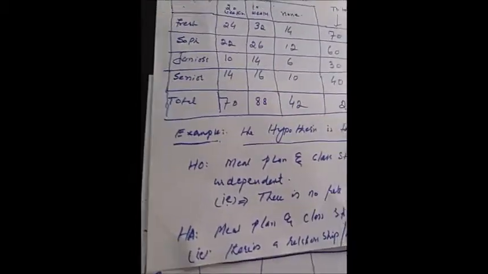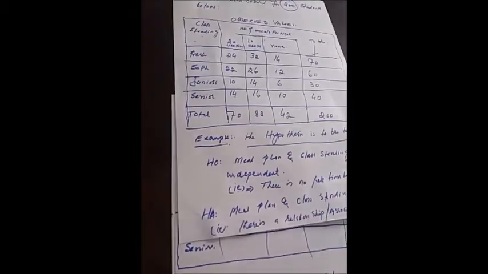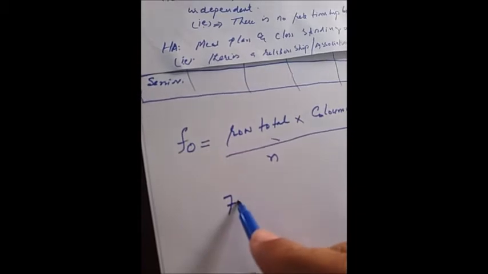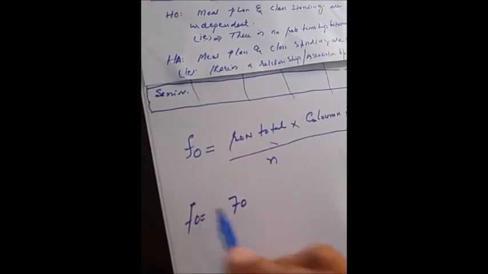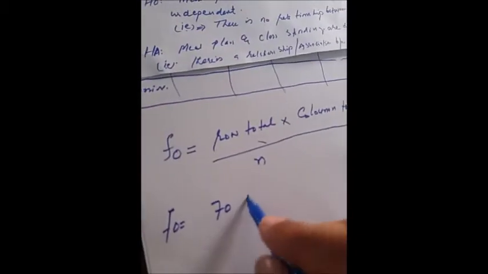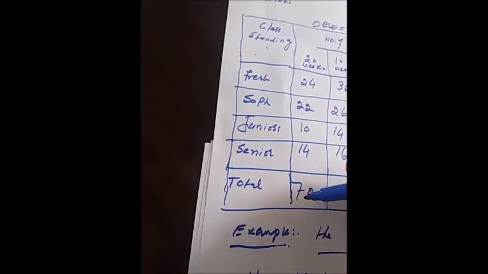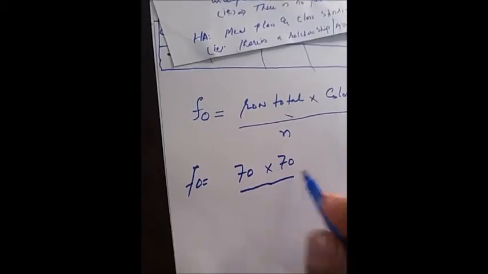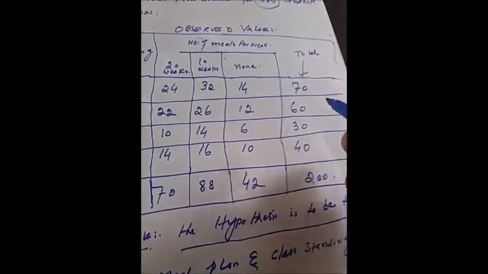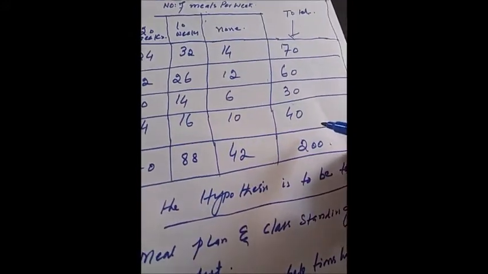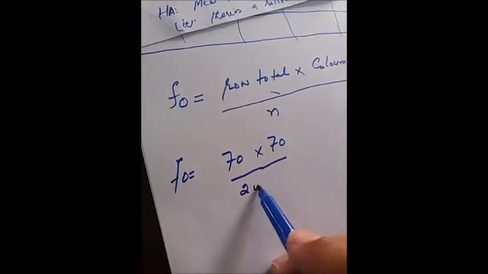So we can apply these values. Row total is 70, multiplied by the column total, which is 70, divided by n. N is the total students, which is 200.